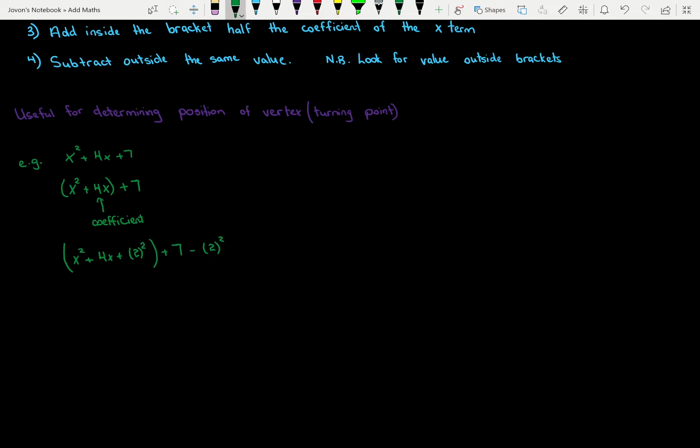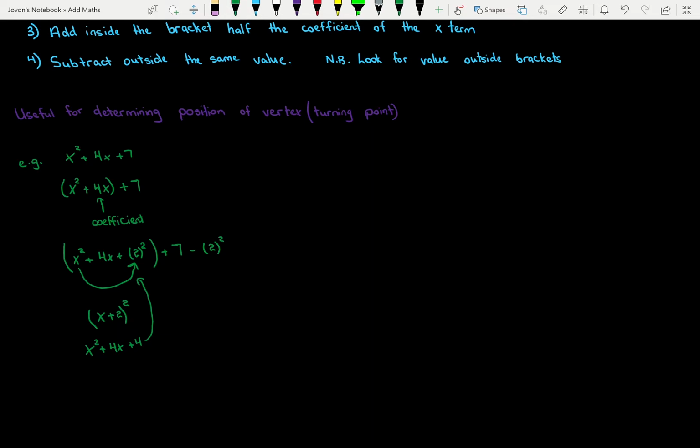And then what happens here is that we look at this and we look at this, okay? And using this, what we get is x plus 2 all squared, okay? And if we were to expand this out, we would get x squared plus 4x plus 4, which is that, okay? So as you can see, nothing really changed.